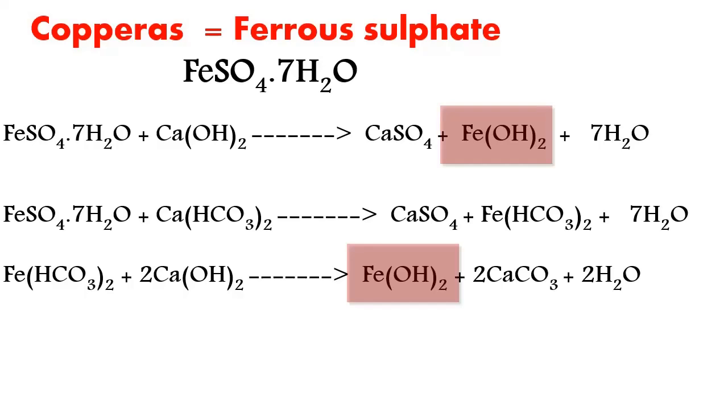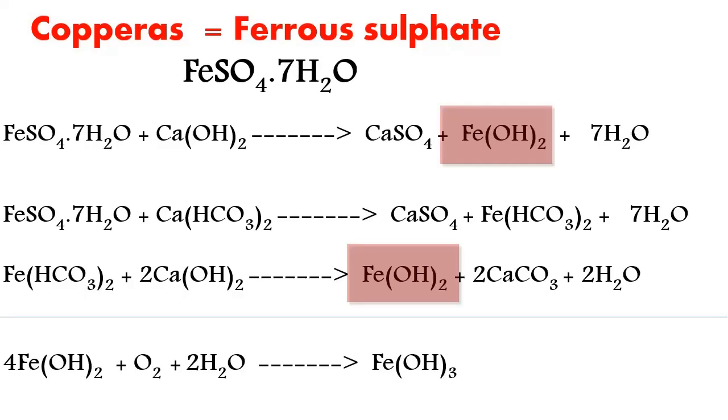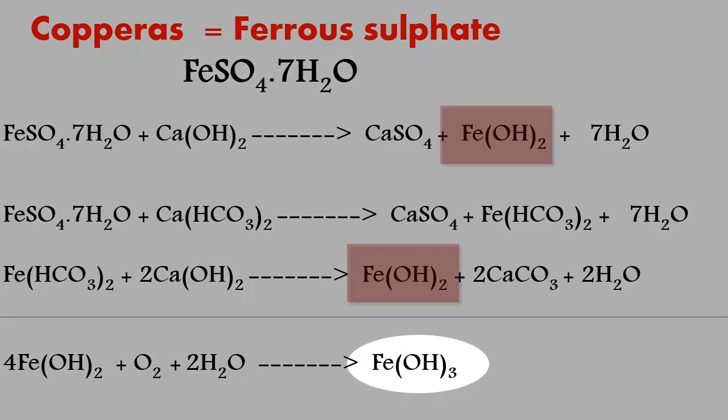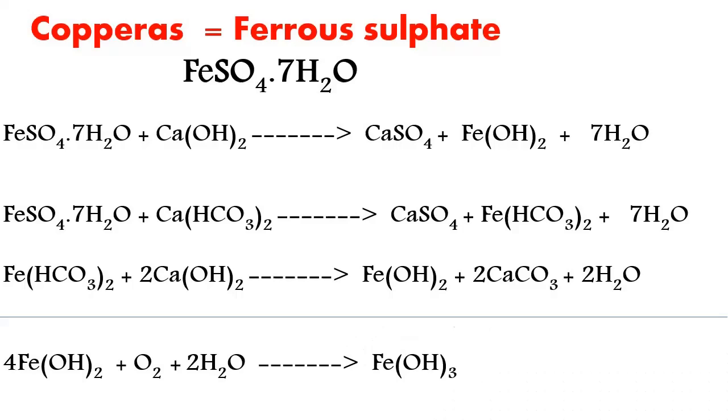Either that reaction or this reaction, this ferrous hydroxide again reacts with O2 and H2O and it produces ferric hydroxide precipitation. Now our aim here is ferric hydroxide precipitation. This is a very important compound for us. This will act as a floc here.